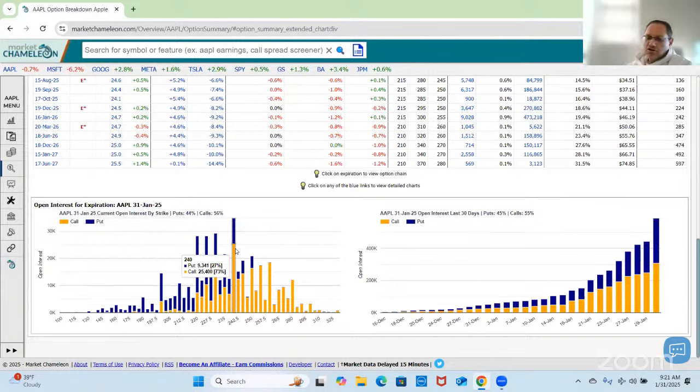And this shows us how the open interest in this particular expiration built up, leading to the most recent dates. So you can see here, there was little open interest, but as we went on from day to day, it kept increasing. And here we're at the largest, January 30th, 52% in the calls, 48% puts.